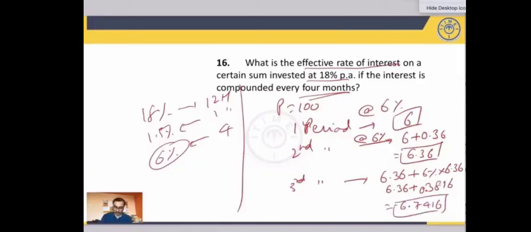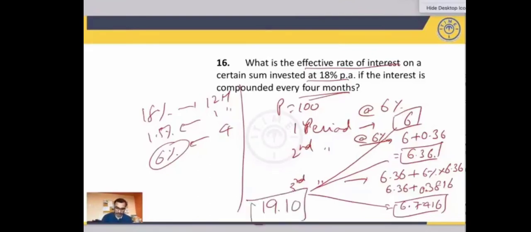The total interest will be the sum of these three. So the sum of these will be 6 plus 6 plus 6, that is 18. 18 plus 0.36 plus 0.75. If you observe these two, you will get some value, 1.1016. So 18 plus 1.10 will be 19.1016.